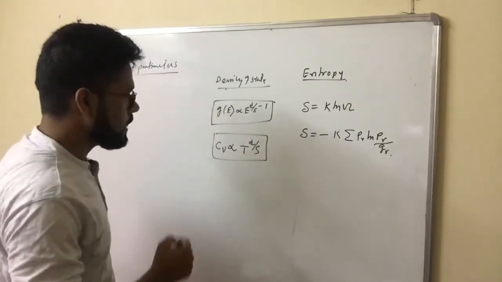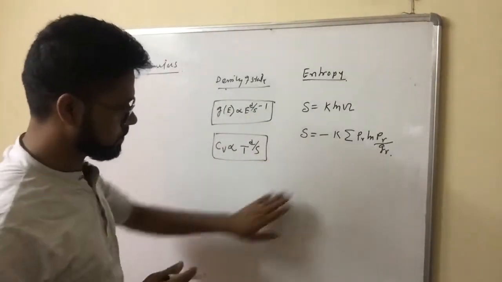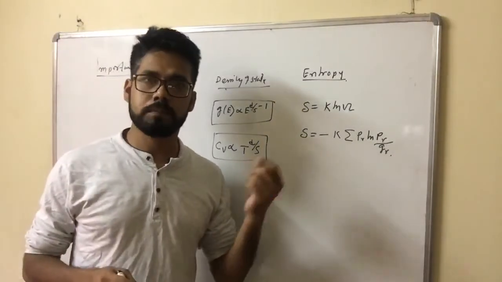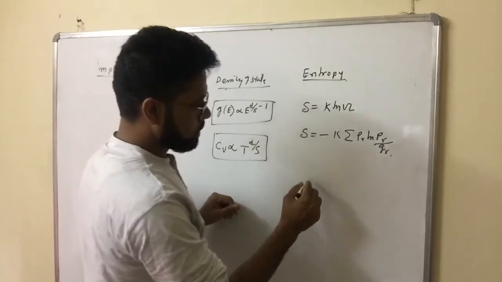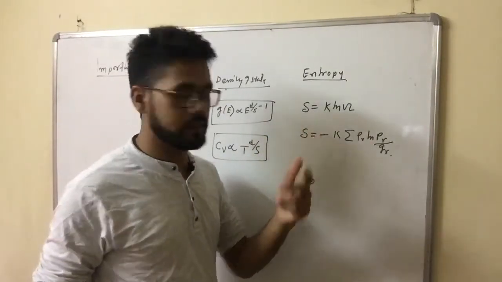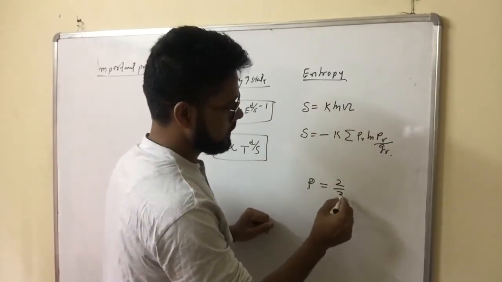Another formula I'm going to give you is the pressure. Why am I giving you this? One important question: pressure in thermodynamic relations we have already studied in school and BSc also. In a classical ideal gas we always write P = 2/3 U/V.